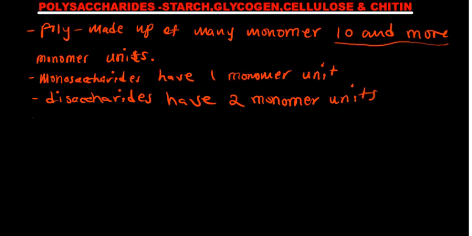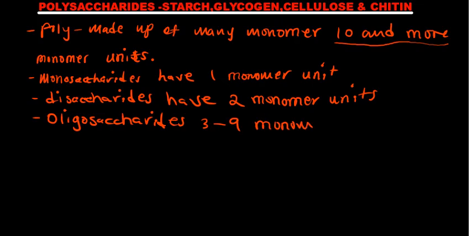We also have what we call oligosaccharides. So as you can see, this means that these just range from 3 to 9 monomer units. These are oligosaccharides. Then lastly we have polysaccharides, which are the ones that are of our interest for this video.